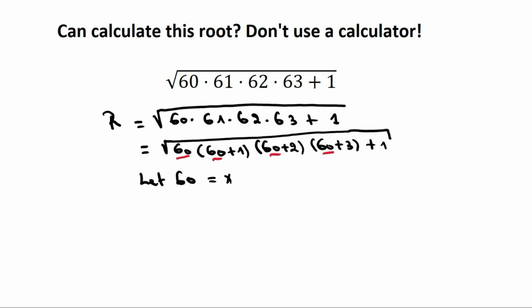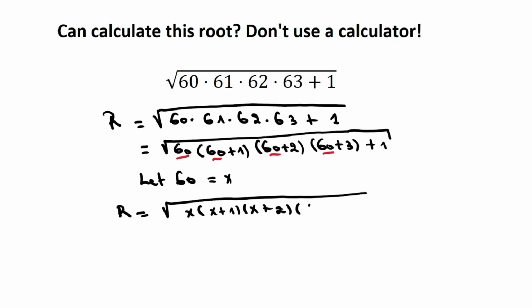So r, our root, will be equal to the square root of x times x plus 1 times x plus 2 times x plus 3 and then plus 1, right?